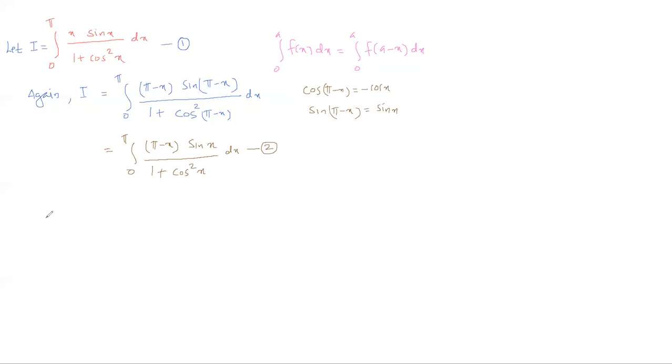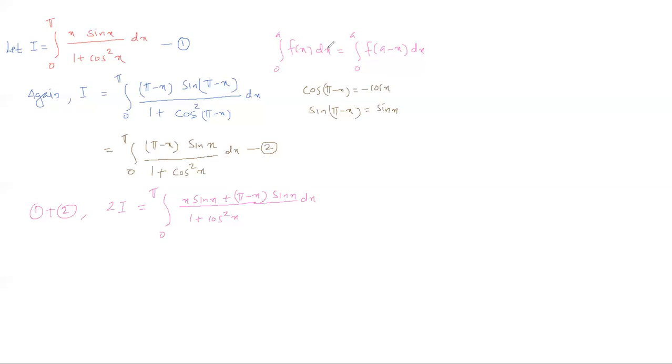Add equation 1 and equation 2. I plus I, that is 2I, is equal to integral 0 to pi. Both are rational expressions, and the denominator is the same, 1 plus cos square x. The numerator is x sin x plus pi minus x into sin x dx.